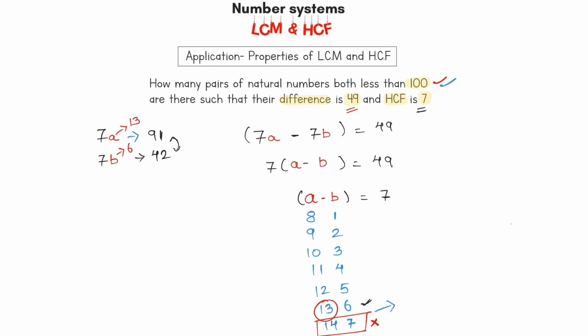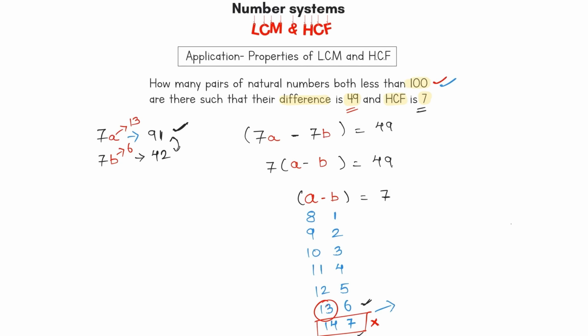If I go beyond this, if I take 14 and 7 of this, and if I take 15, it will become complicated, because this will become more than 100. 14 into 7 is 70 plus 28, that is 98. That should not be a problem.